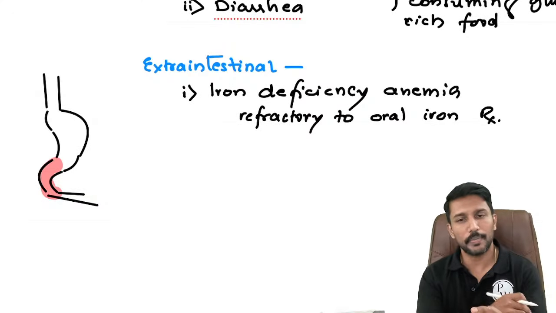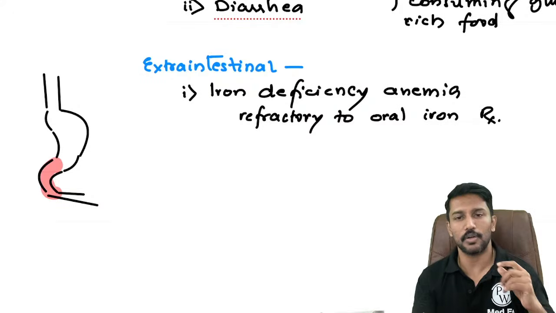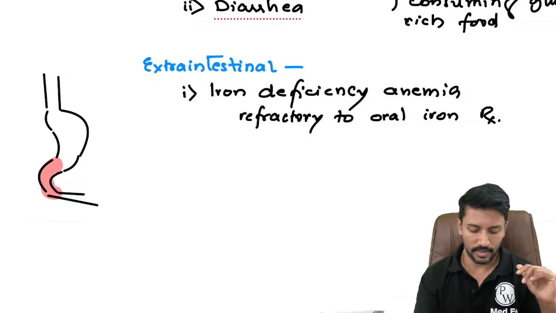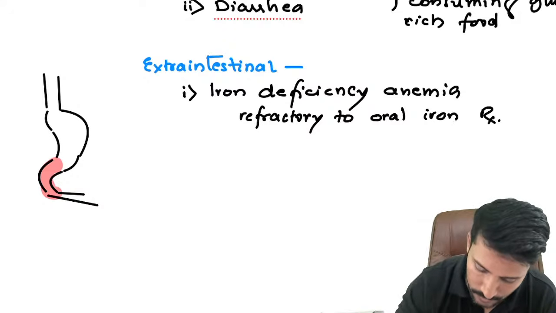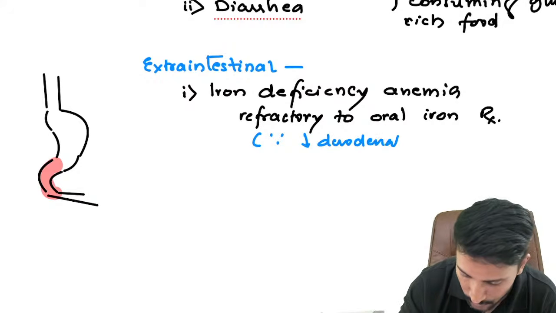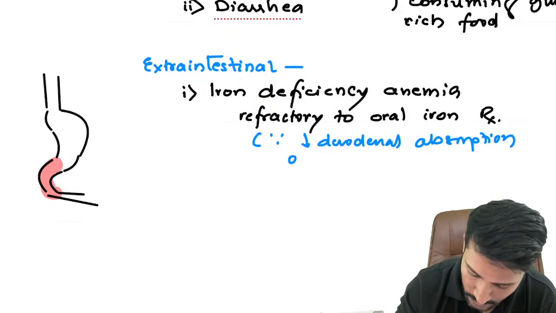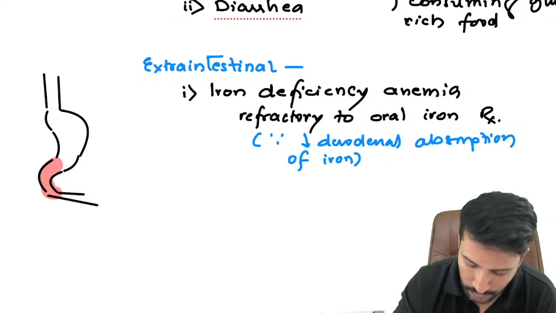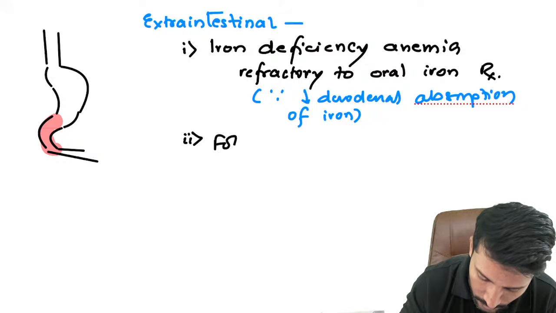But the moment you give parenteral iron, an iron injection, my anemia will start getting better. But if you keep giving oral iron, there will be no response, because there is decreased duodenal absorption of iron.